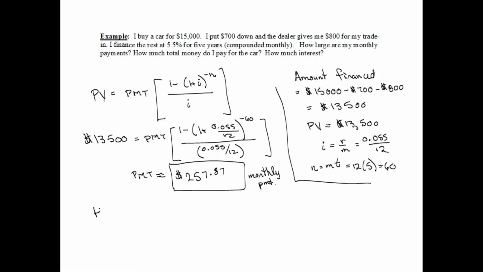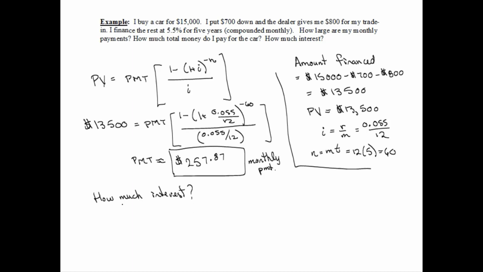Now we want to find the interest. So again, calculate the total of your payments. We have 60 of them. Multiply by 257.87, and you should end up with 15,472.20.